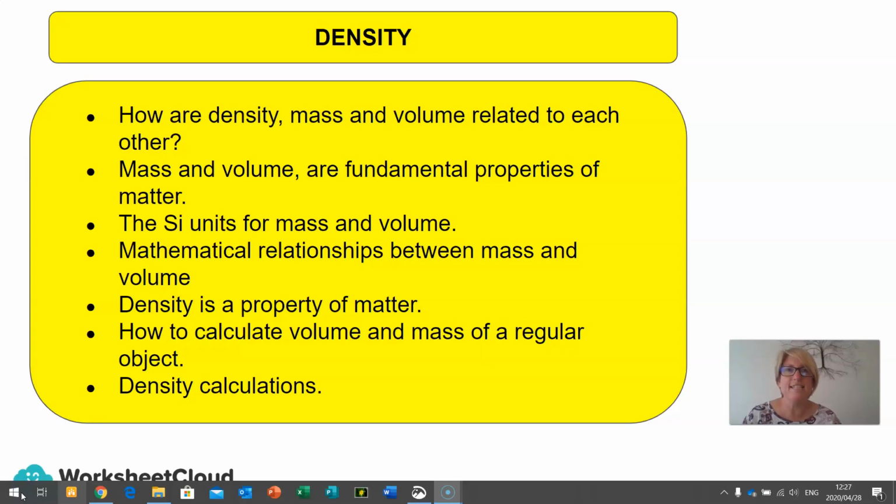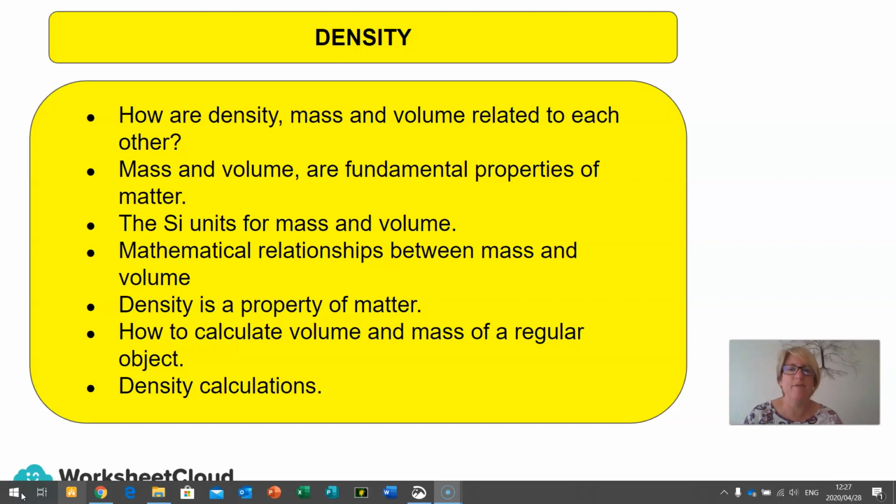So the topic of today's lesson is all about density. I would like to teach you how density, mass, and volume are related to each other. You will learn that mass and volume are fundamental properties of matter. We're going to cover what the SI units for mass and volume are.